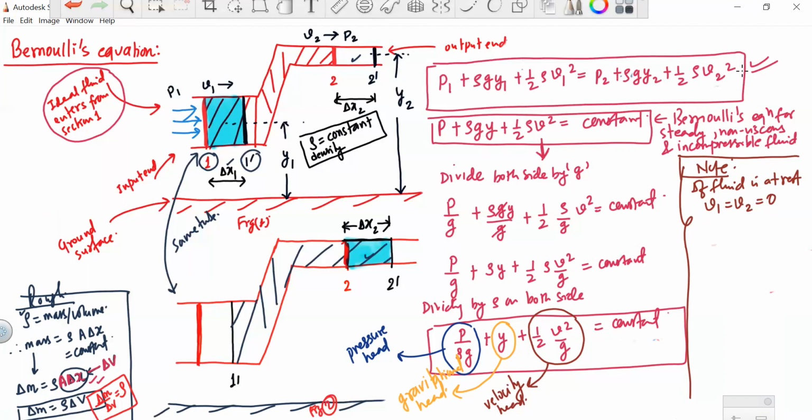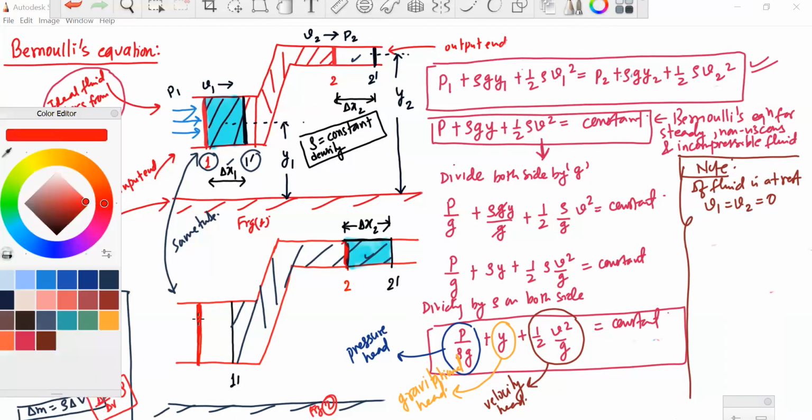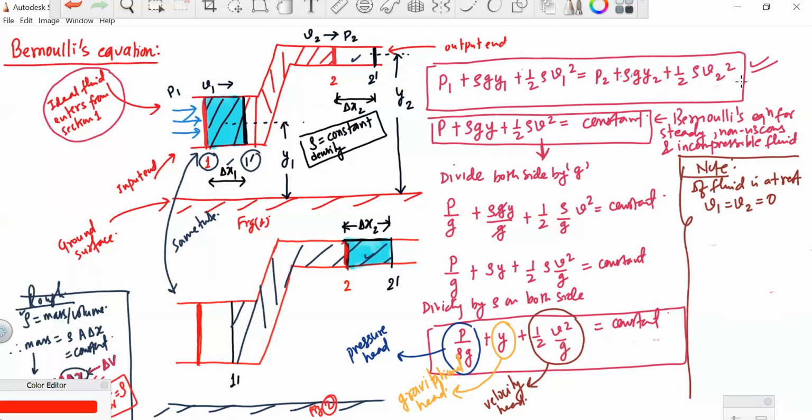From this equation we get P1 plus rho g y1 equals P2 plus rho g y2.